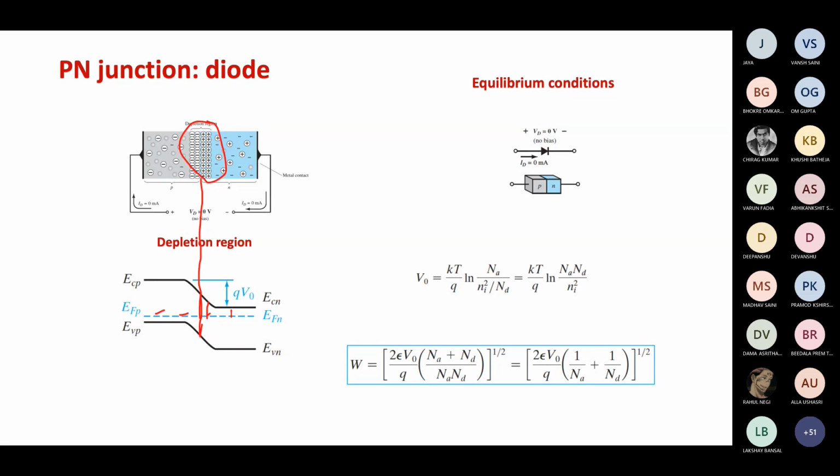And the number of electrons is exponentially related to the difference between the Fermi level and conduction band minimum. Similarly, here on the p side of the junction, the number of holes is less, but it is not zero. As we go sufficiently far away from the junction, the number of holes becomes very large. Actually, it becomes almost a p-type material.